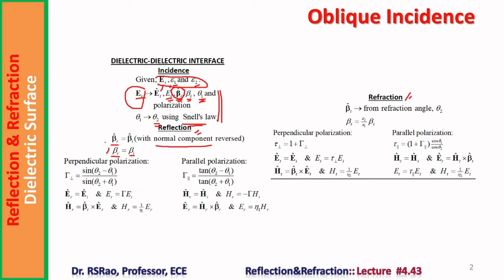So beta_r is known, beta_r cap is known, so the propagation vector is known.